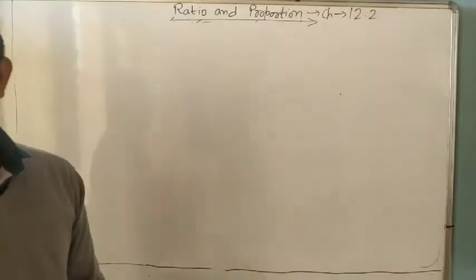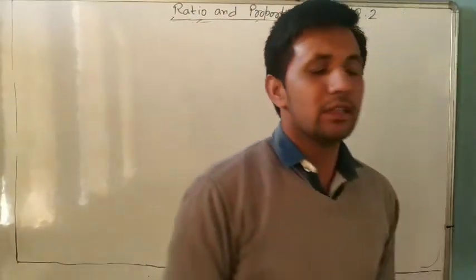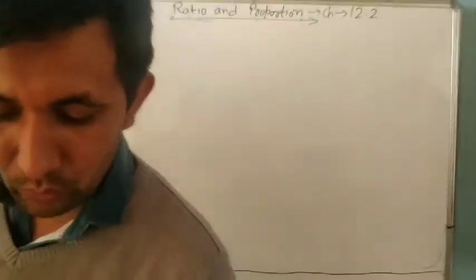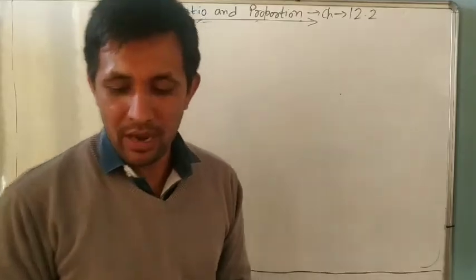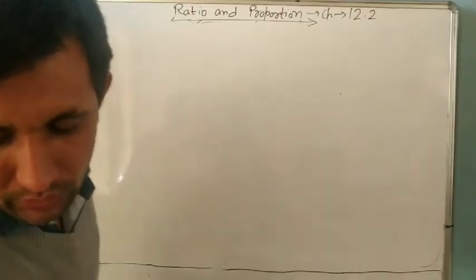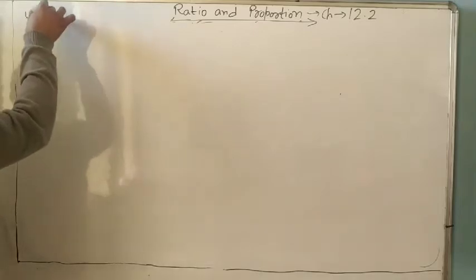Question number 4. Find if the following ratios form a proportion. If they are in proportion, then we have to find the middle terms. I already told you what is middle term and extreme term. Only one part, any one part. Fourth question, A part.